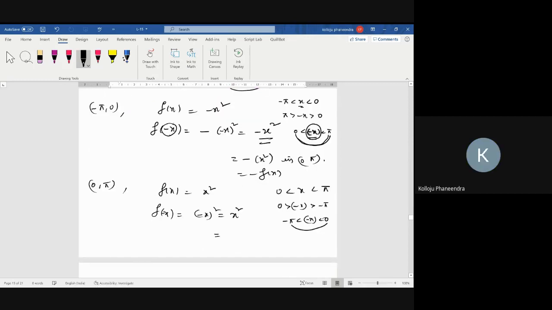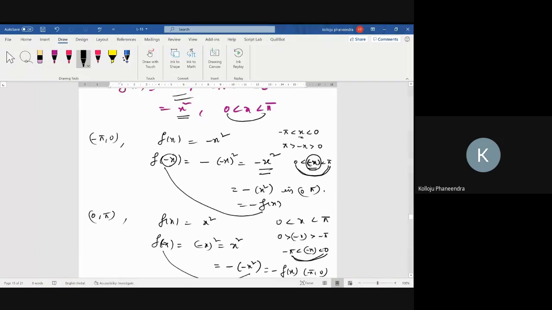So I can write f of minus x equals minus of f of x in minus pi to 0. So f of minus x equals minus f of x is true in both intervals. So it is an odd function.